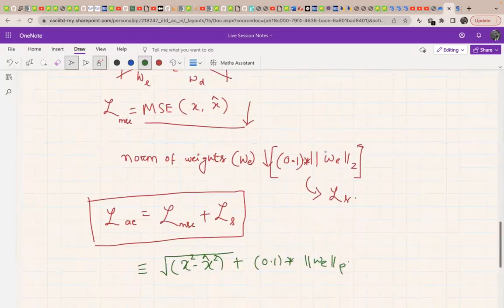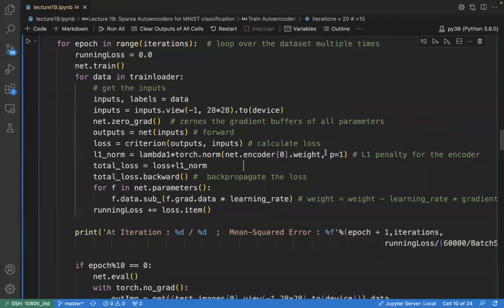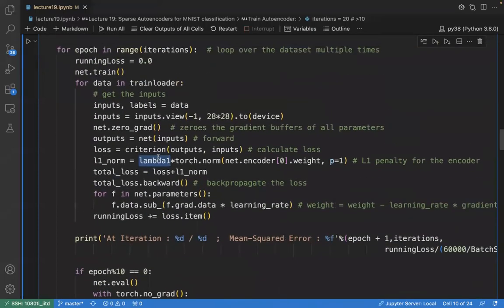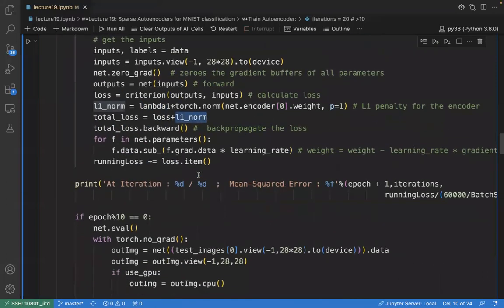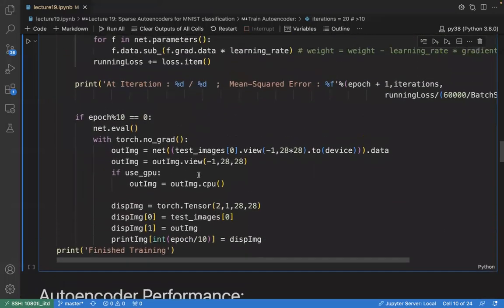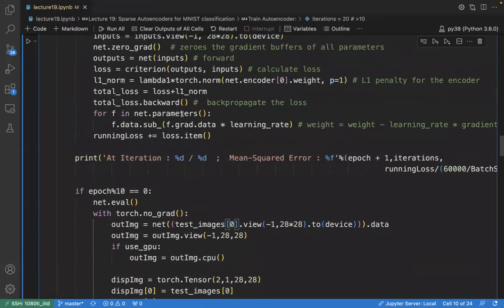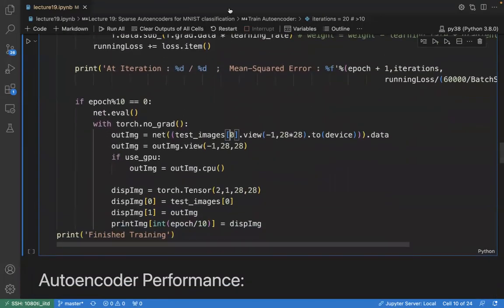We multiplied the sparsity factor, a lambda, to the norm of the weights, and we defined the total loss as the MSE loss and the L1 norm loss. This is the only change between these two codes if you go back and look.